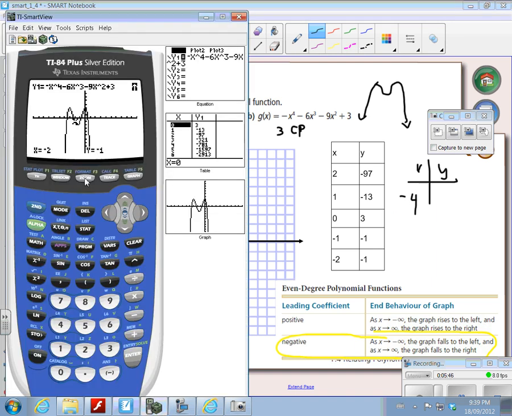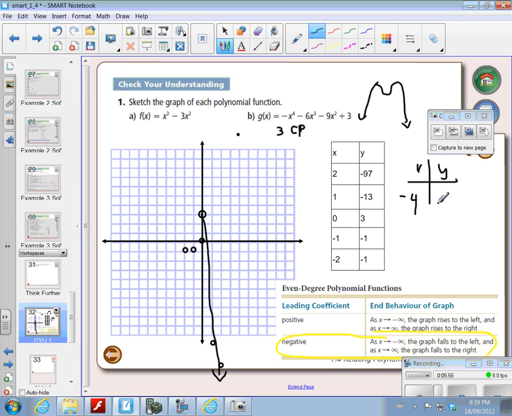Second function, calculate -4. We get -13. Okay, that seems to be similar to something I've done before. -13. So we have a point now at -4, -13.